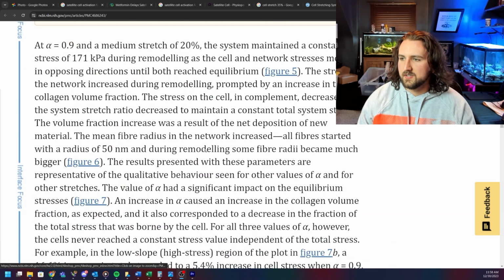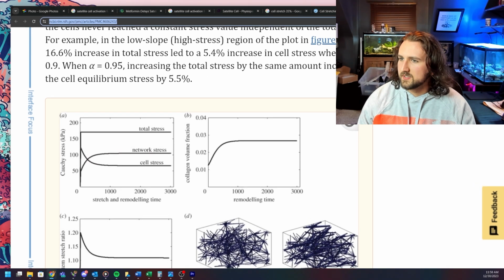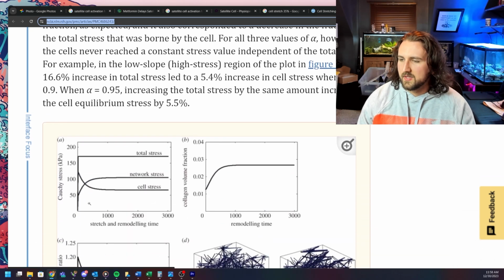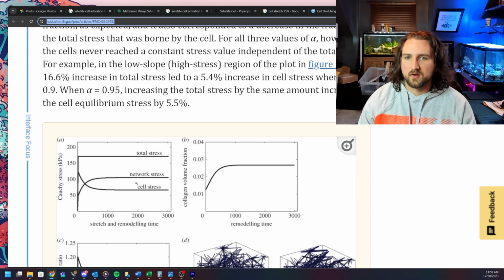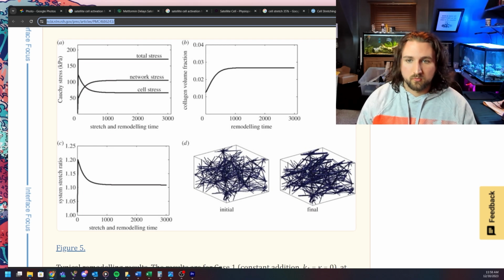The first model shows that at about 5% strain, they will eventually achieve an equilibrium where the network is taking up most of the strain, and it will show growth of the collagen fibrils. That's what these big blue lines are.